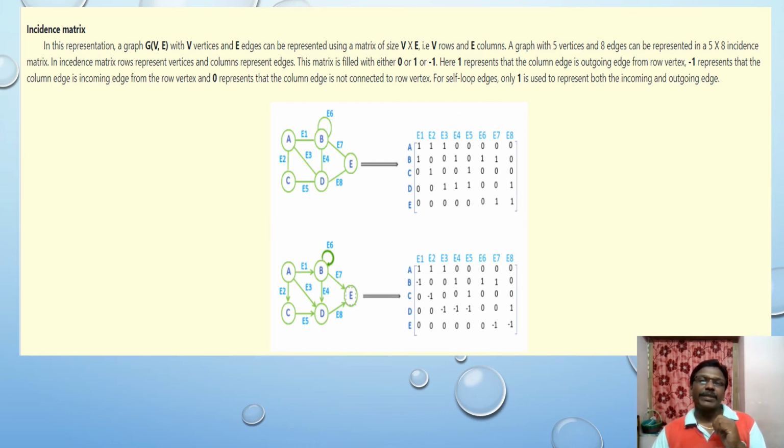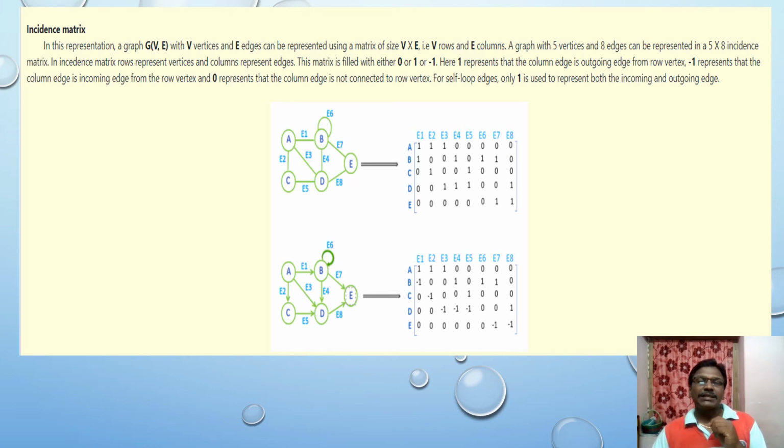Now B. B has a self loop, that is E6, which is 1. In the same way, B to A, B to D and B to E are 1, and the remaining are zeros.